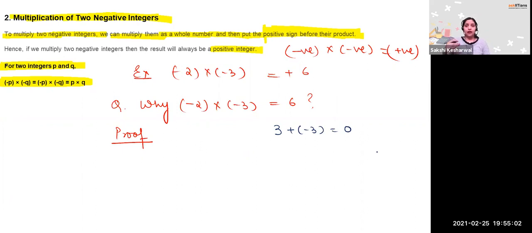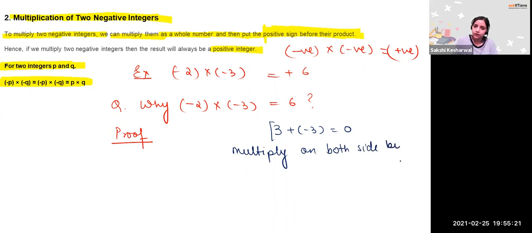Actually, if you have studied the distributive property, first I have taught you the distributive property and then followed this thing, right? So what I'm going to do is multiply on both sides by -2, right? So what happened over here?